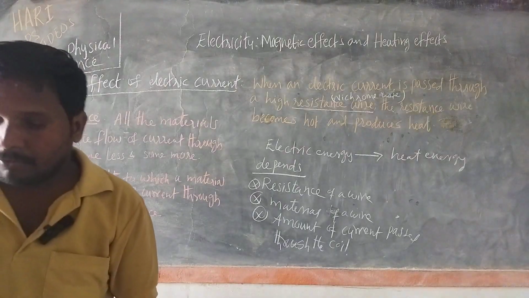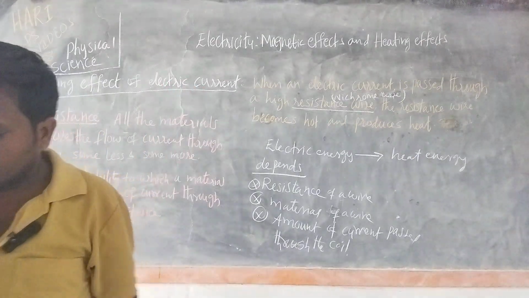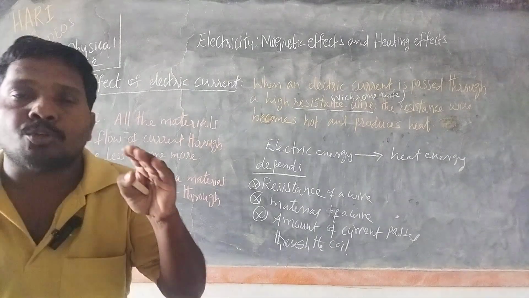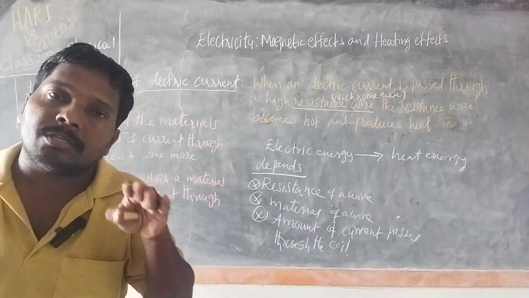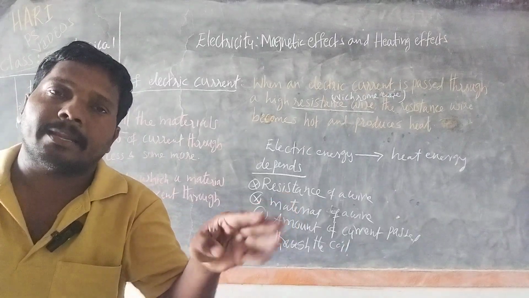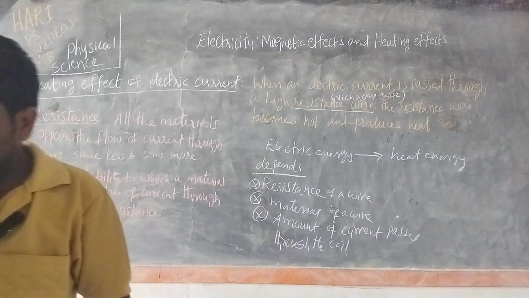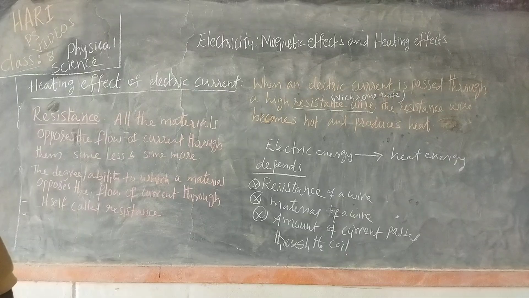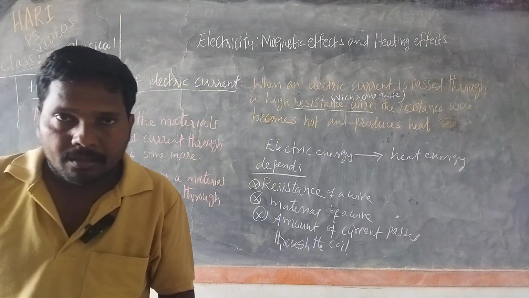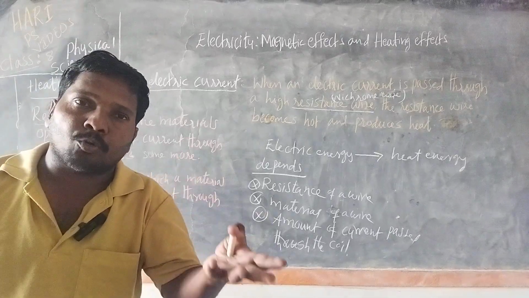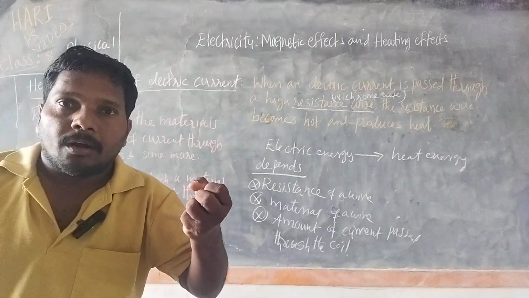The greater the resistance of a wire, the greater the heat produced by a given current. For example, copper has low resistance. When electric current is passed through this low resistance copper wire, less heating effect occurs. Similarly, if you use nichrome, which is an alloy of nickel and chromium, what will happen?